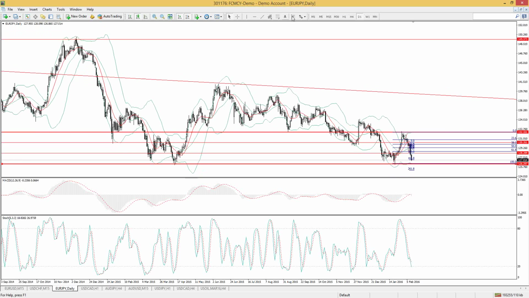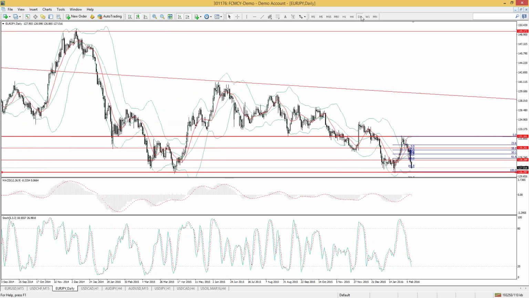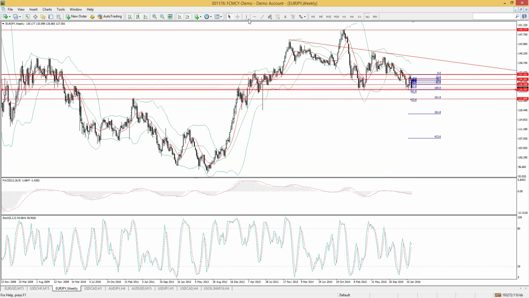Actually 125 is a historical level as well, a psychological level as well. And yes, we see a bottom here before, and we see a peak as well. So it could be the next target for this. And actually from 127 to 125 is 200 pips.